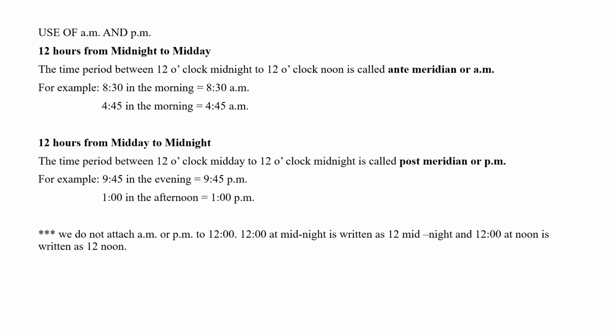So if it is 10 in the evening, we write 10 PM. If it is 8 in the evening, we write 8 PM. If it is 5 in the evening, we write 5 PM.